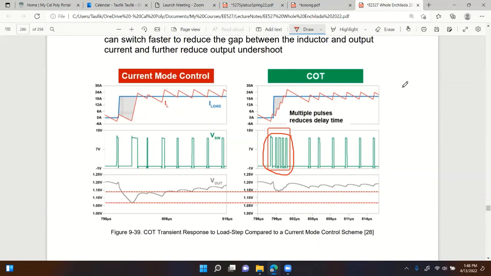Can you name one disadvantage, just by looking at this picture right here of COT? It looks like there's a minimum off time, so you can't get to 100% duty cycle. That is correct. Yes, that's correct.